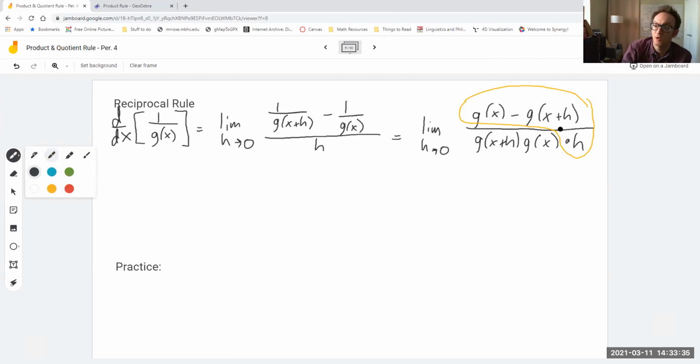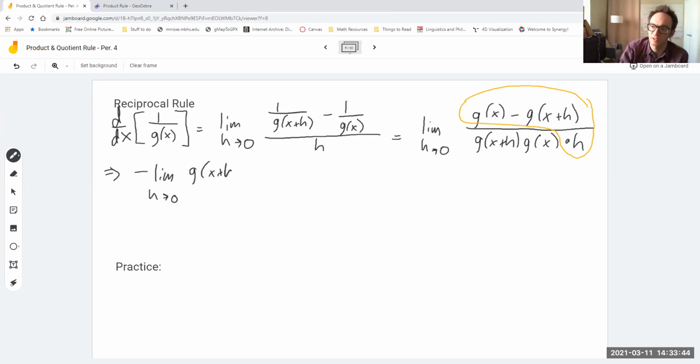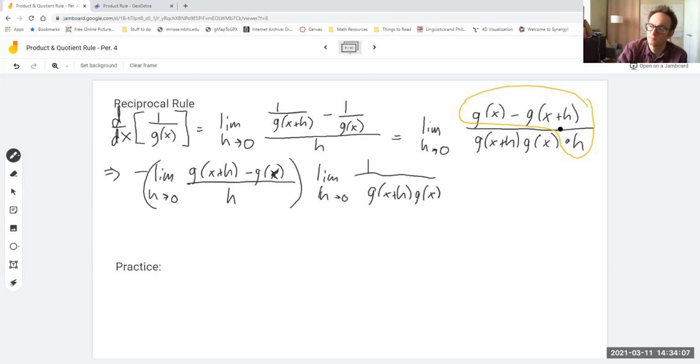And so continuing this onto the next line, what I'm going to get is negative the limit as h goes to 0 of g of x plus h minus g of x all over h, times. So what am I doing here? I'm applying the limit of a product as the product of the limits logic, and also factoring out a negative, and I'm left with this.